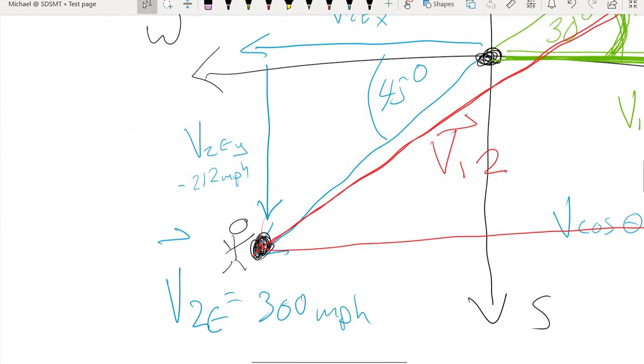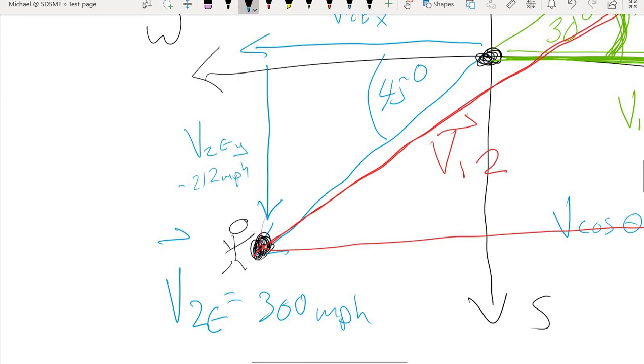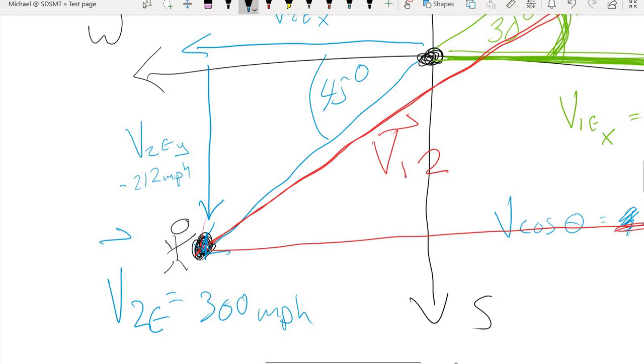Well, with respect to the point of reference, which is you. You are on plane 2. You are the one looking at plane 1. You are the point of reference where everything is being measured with respect to.